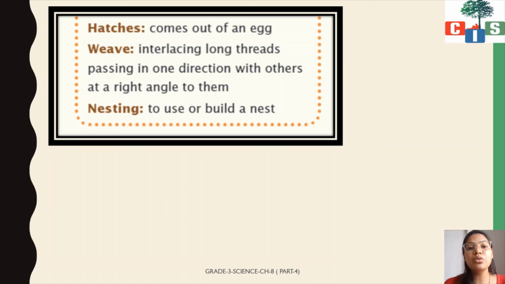What they do is interlink all the threads in one direction and it forms an angle of 90 degrees, means right angle to them. So this is one method of building a nest. Then nesting. Nesting is to use or build a nest. So nestling is different and nesting is different.